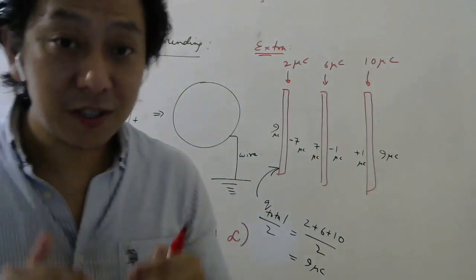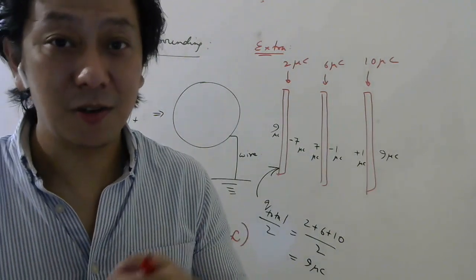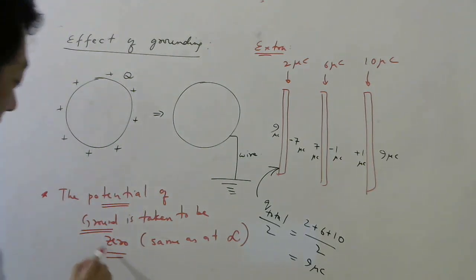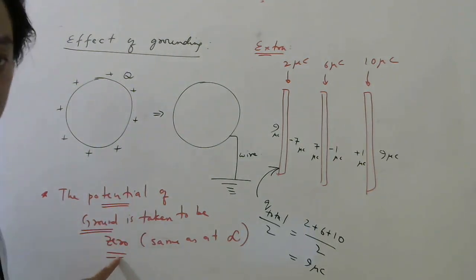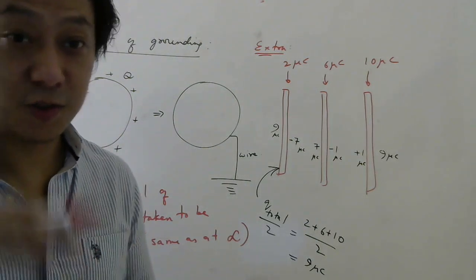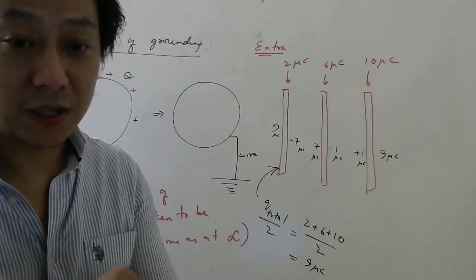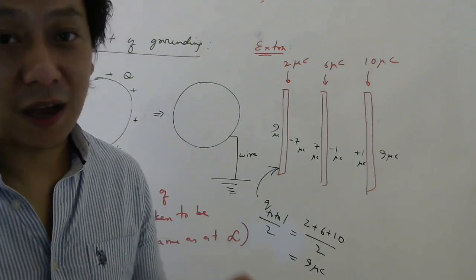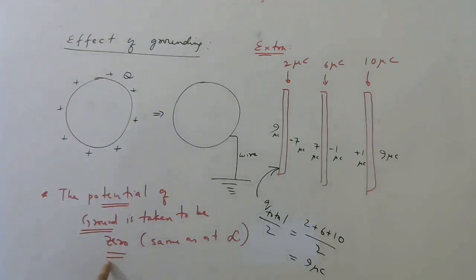So since the potential of ground remains constant, whether you give some charge or take some charge, it is always better to consider it as reference, just like sea level is taken as reference to measure height. So to measure potential in electrical circuits, we take ground to be at 0 potential. This is something I want all of you to remember. Okay, students? Fine.